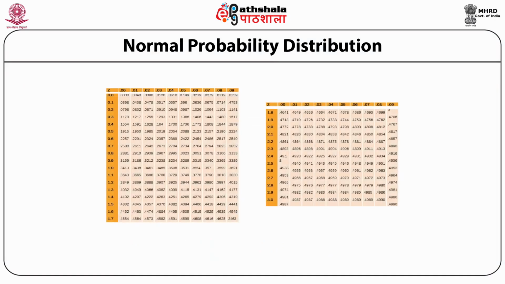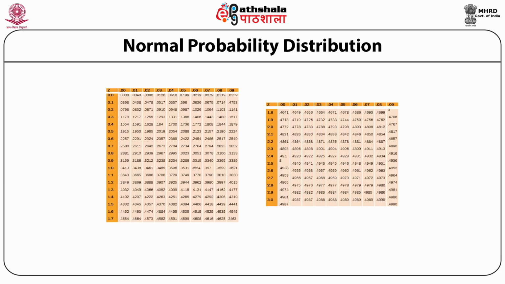Different tables are given. Here we take the standard normal table. The entries in the table give the area under the standard normal curve. If we see the table, Z takes values vertically downward: 0.0, 0.1, 0.2, 0.3, 0.4, and so on, 1.0, then 1.1, up to 3.0.